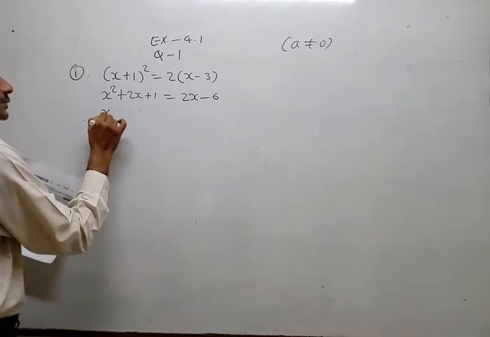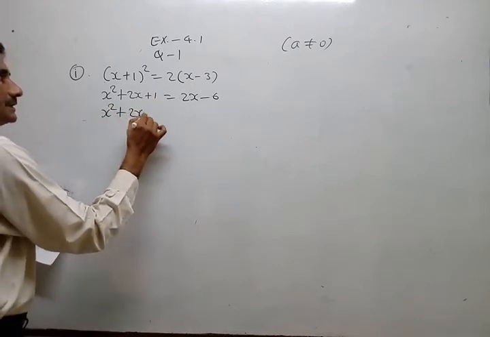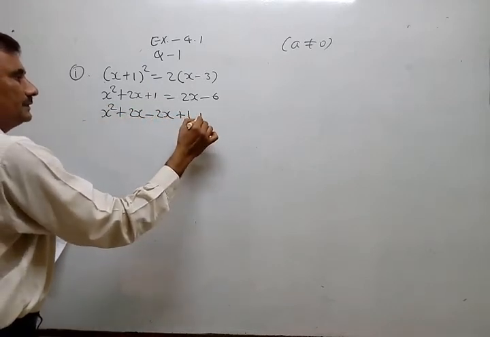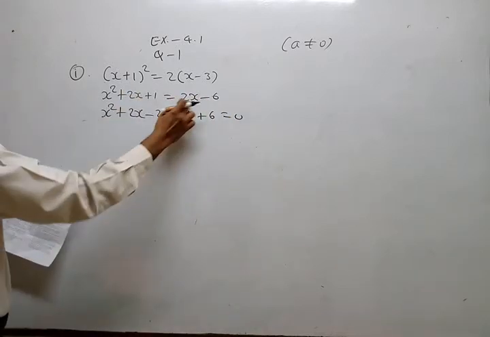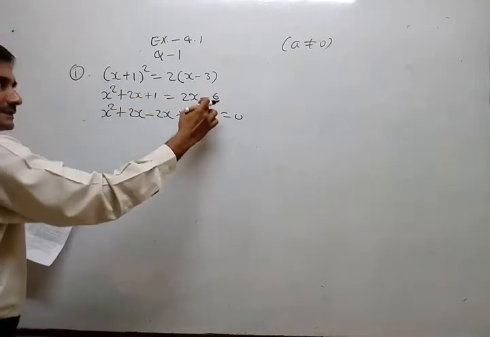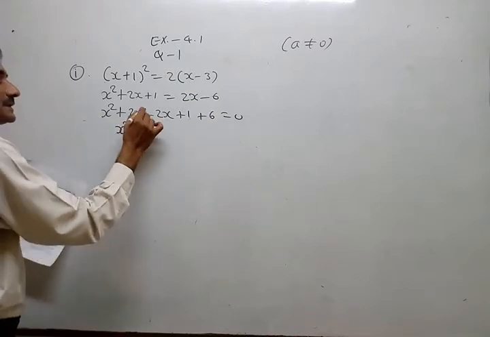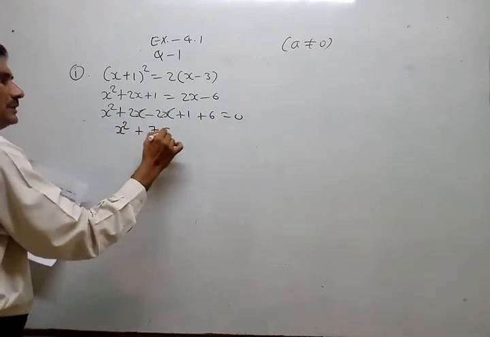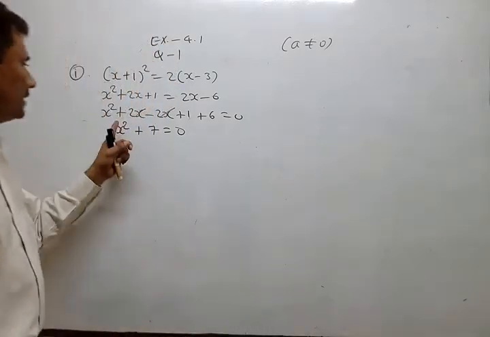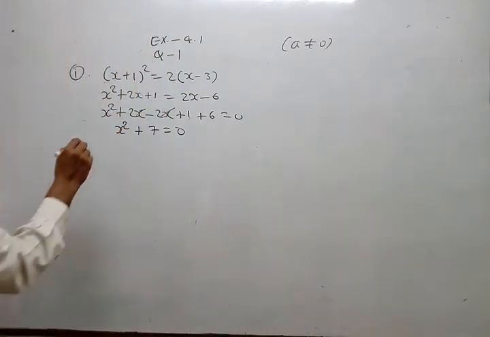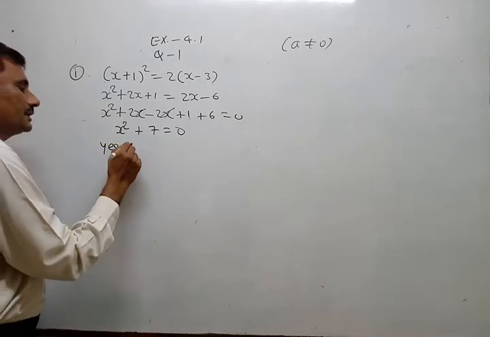Set them here. So x square plus 2x minus 2x plus 1 plus 6 equal to 0. I separated them here. Okay? 2x minus 2x. 1 plus 6. So it becomes x square plus 0. No problem. It is standard. It is quadratic equation. Why? Degree is 2. So write down yes, it is quadratic equation.